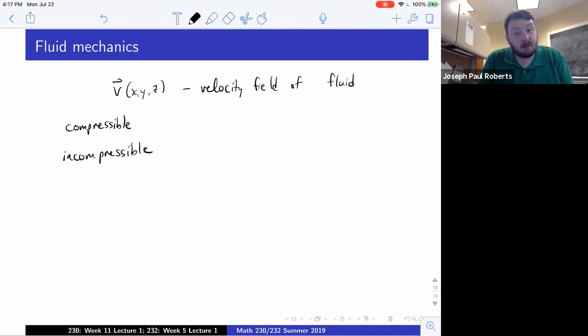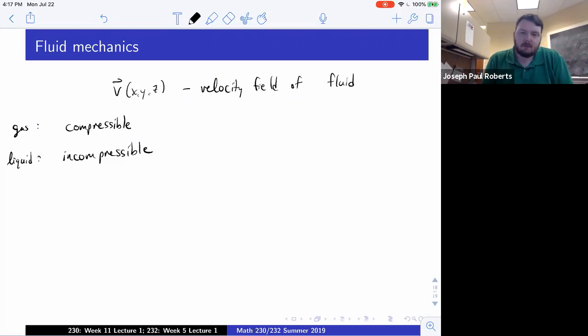There's two different main types of fluids, right? There's gas or plasma, which is compressible. And then, of course, there's liquids, which are incompressible. So what's that mean? Liquids change shape, but they can't really change volume. They could spread out, but the total volume stays the same. You can't squish water. I mean, okay, you can a little bit, but the incompressible approximation is that the volume of water stays the same.